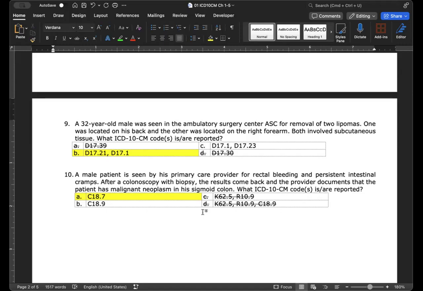So underneath intestine, you want to go to large and then colon, not sigmoid flexure or the splenic flexure. So you want to go intestine, large, colon, sigmoid, which I guess really gives you the same answer either way. It gives you the C18.7 either way.